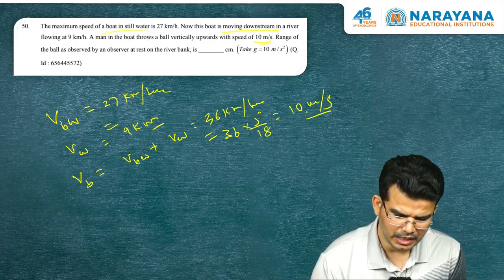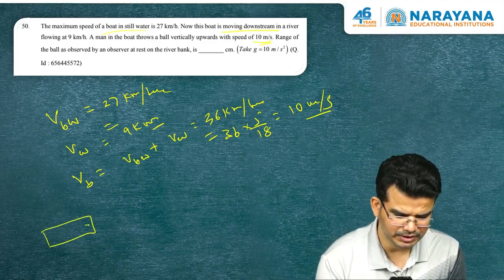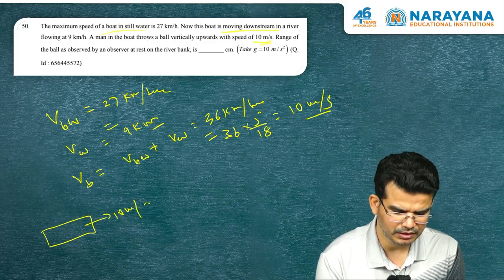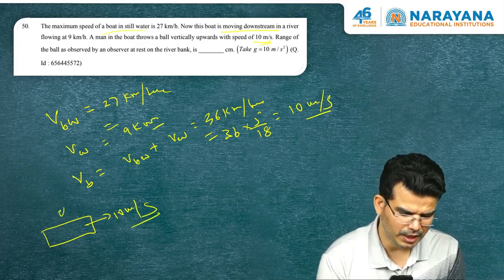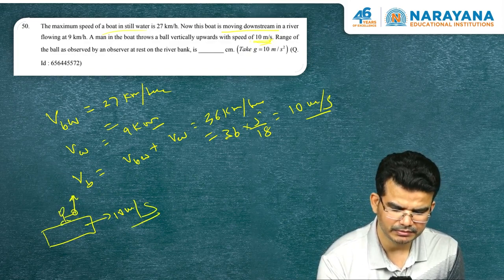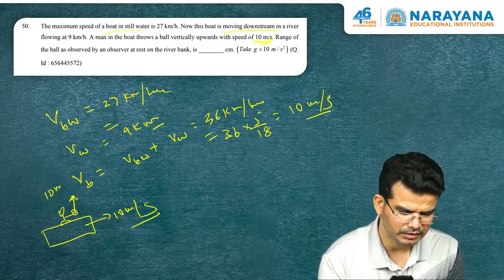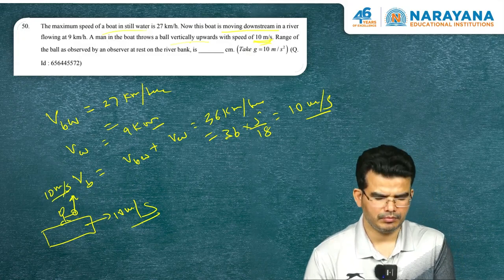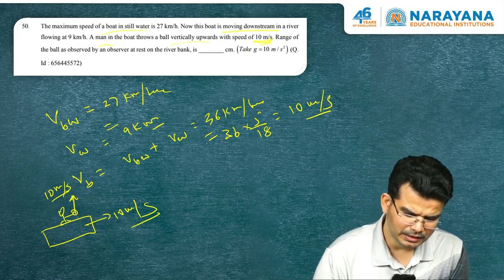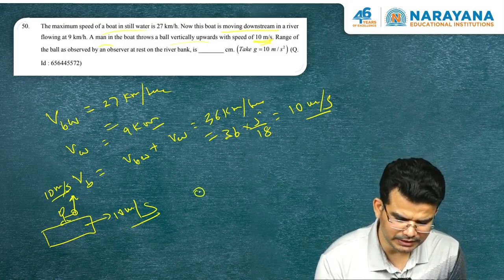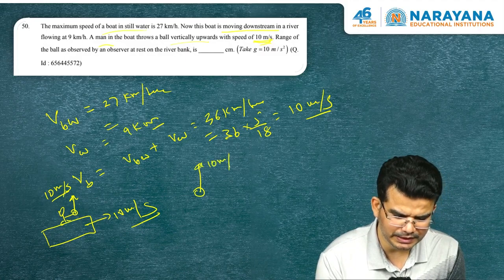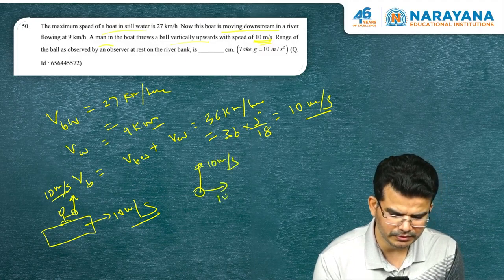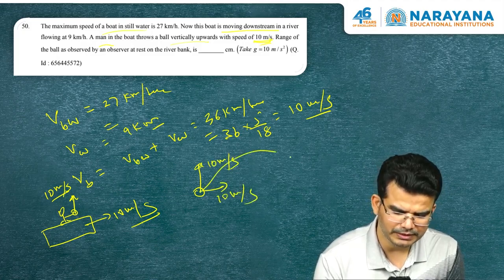So, the boat is travelling with 10 meter per second in the ground frame. Now, a boy releases a ball upward with 10 meter per second with respect to the boat. So, the ball will have actual velocity in this direction also 10 meter per second in the ground frame, and the boat velocity will also be added to it. So, its path will be something like this.